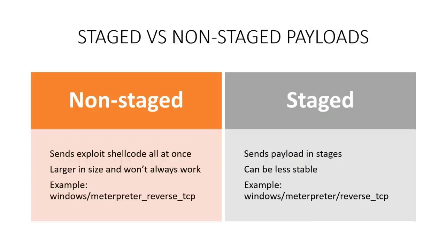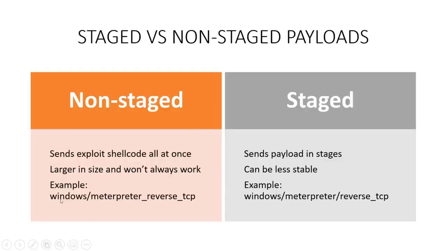And we have an example of it, and this is really what I want to point out: we have this non-staged payload and we have a staged payload. Do you see the one difference between the two? All it is is a slash. So when we're using something like Metasploit and we have to pick out a payload, if we see something like meterpreter_reverse_tcp, this identifies that this is a non-staged payload.